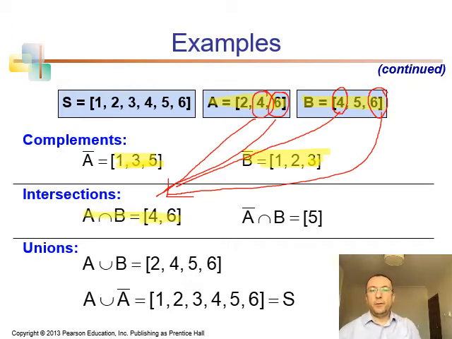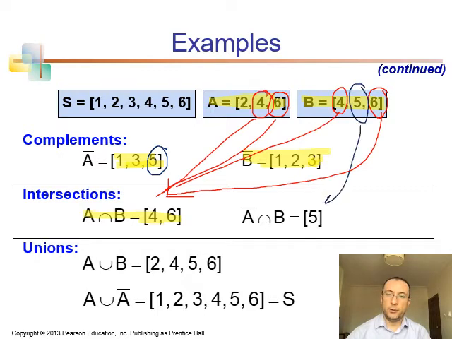Now, if you want to look at A complement intersect B, this is A complement, and B is here, and I see only one number, which is 5. Here I have number 5, and here I also have number 5. So that's what they have in common.